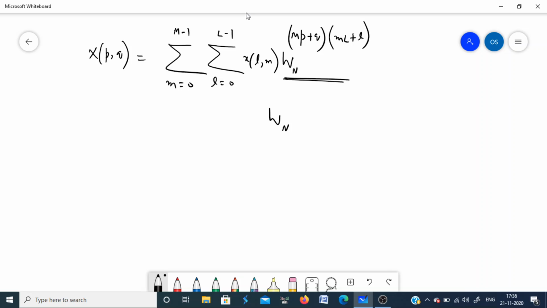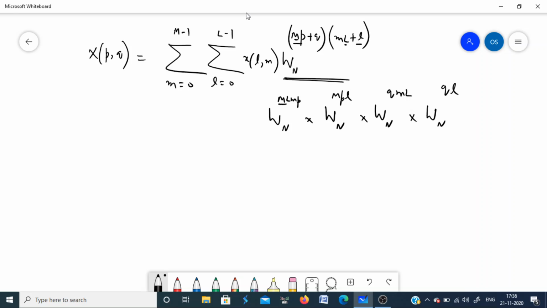One will be wn to the power ml into mp. The second, if you multiply this with this, you will get wn to the power mpl, times wn to the power q ml, into wn to the power ql.